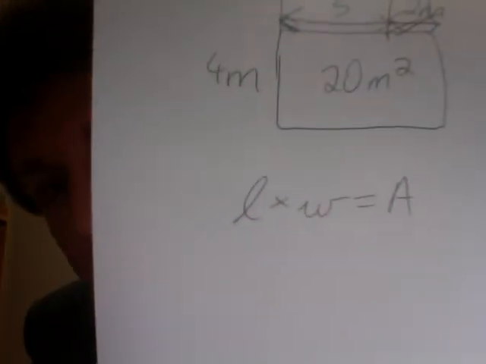I'm going to write length times width equals area. And let's plug in what we do know. We know the area is 20 meters squared. So I'm just going to write 20. We know that the length is the shed plus 2 meters, and that the width is 4 meters.